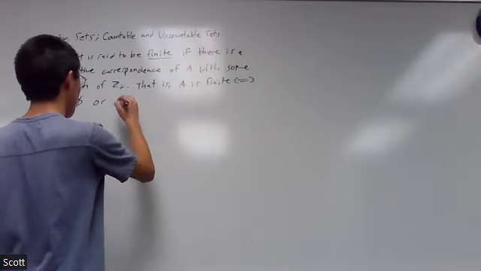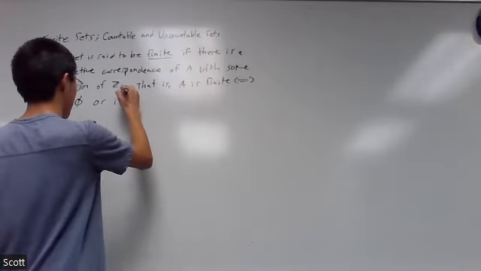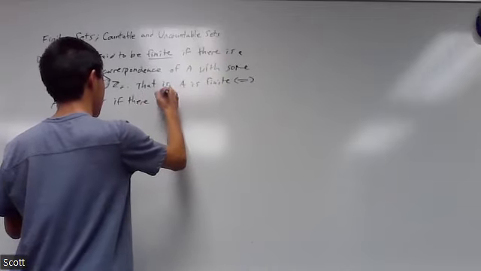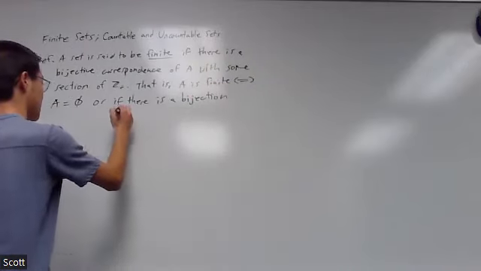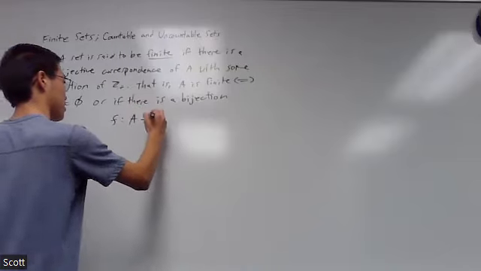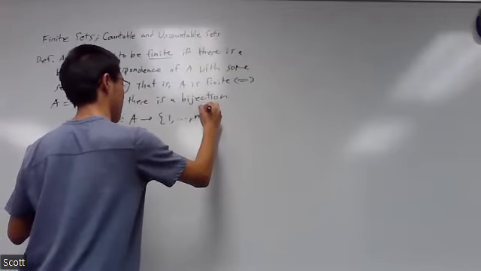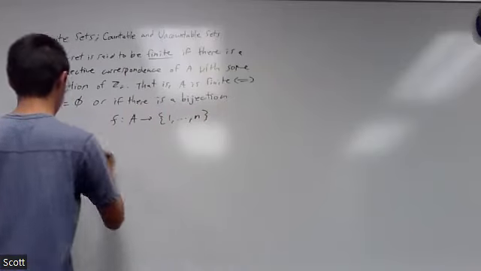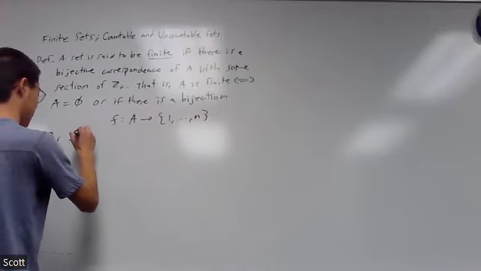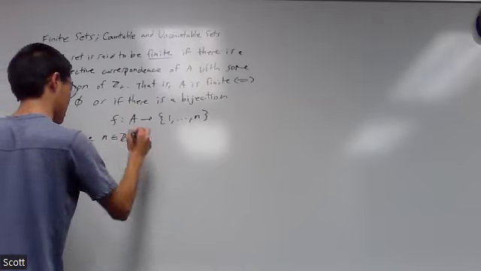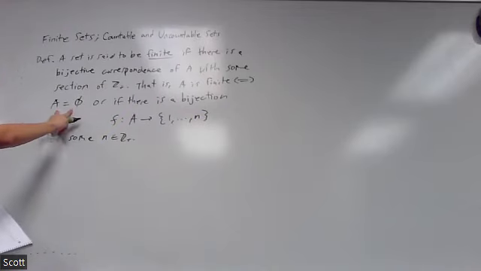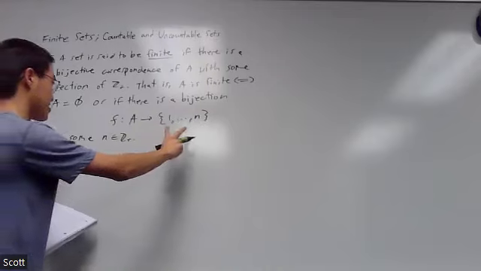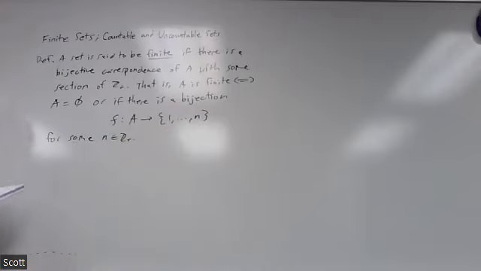Or we have the bijection: there is a bijection that takes the set A to a section of positive integers, and so that would be for some n in sequence. So in this case, this has cardinality 0, and you would say this has cardinality n. So that's how they're defining finite in this case.